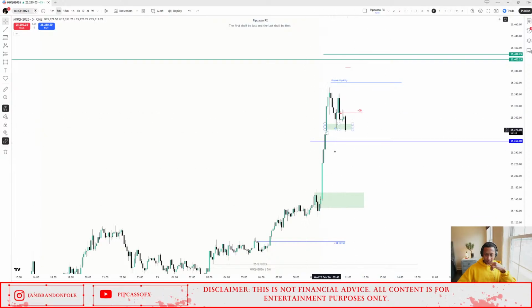We can say, okay, potentially it wants to come down to this one, but we ran through this gap, hit a bearish order block, ran through a weekly level, which was down here, completely overtook that.